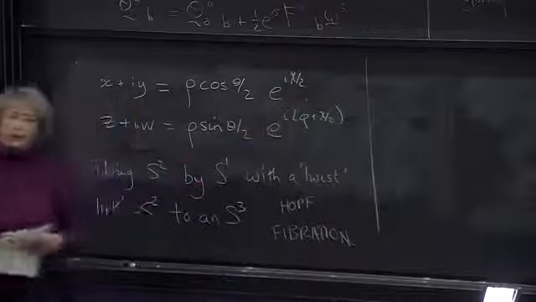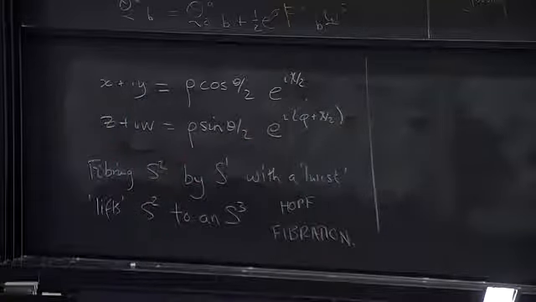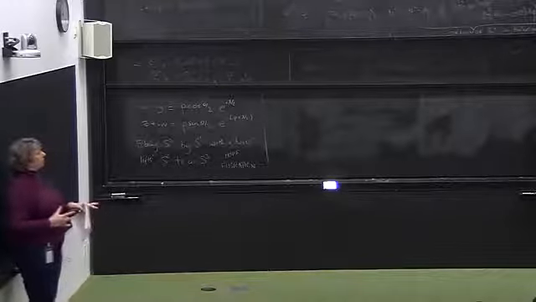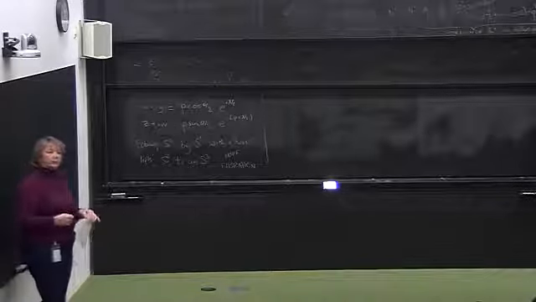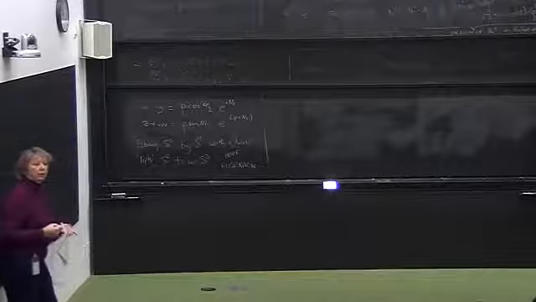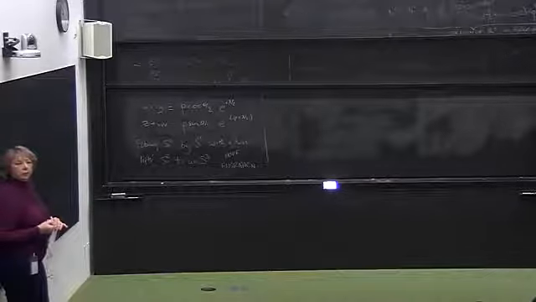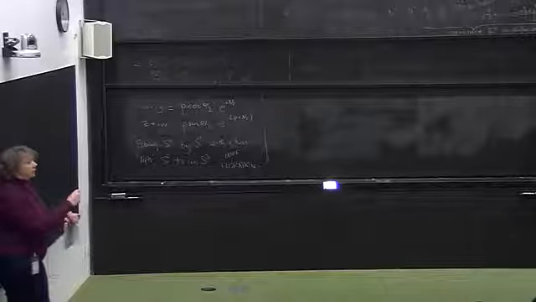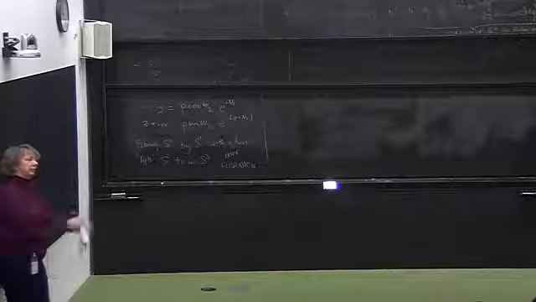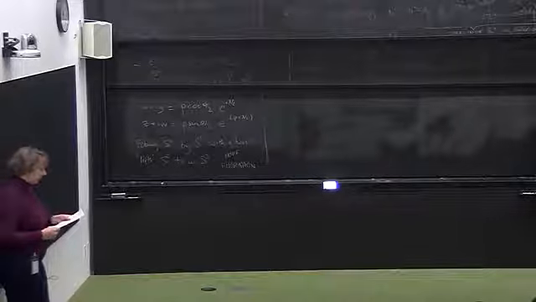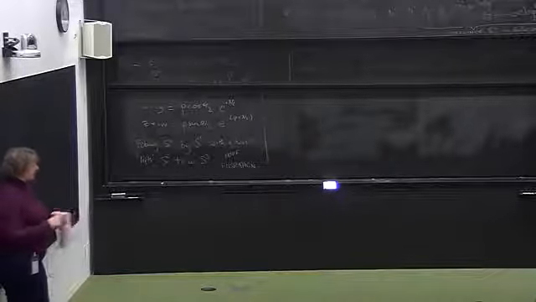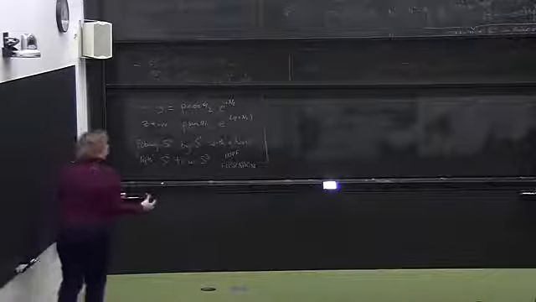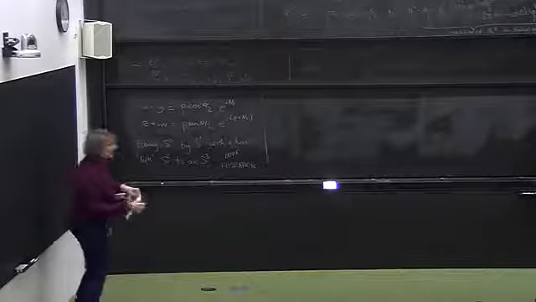So S3 is an interesting manifold. It's a group manifold. We can coordinatize it with Euler angles, which are angles that we parameterize SO3 by. So the coordinates of our manifold also define for us the elements of the group SO3. And of course, the symmetry of S3 is SO4, which actually has 2 copies of SO3 in it.